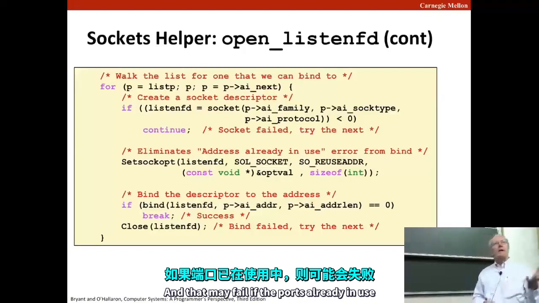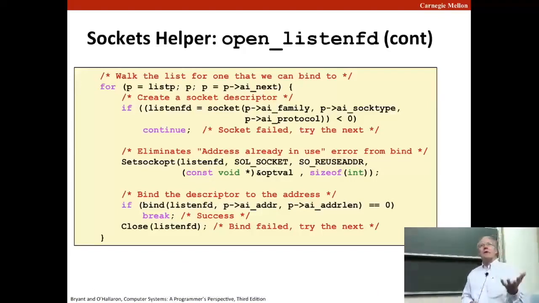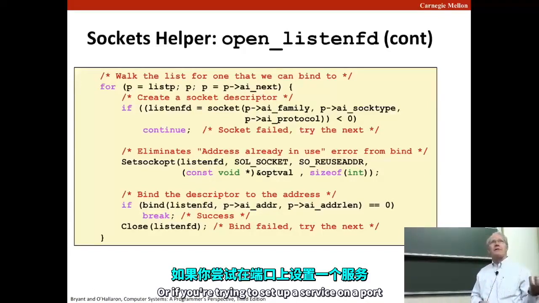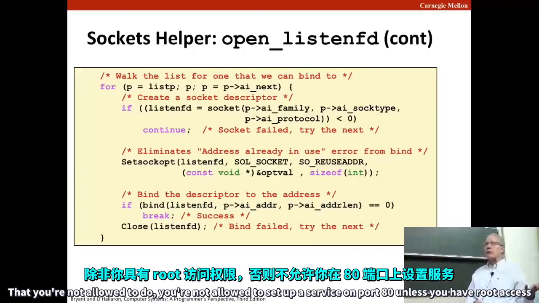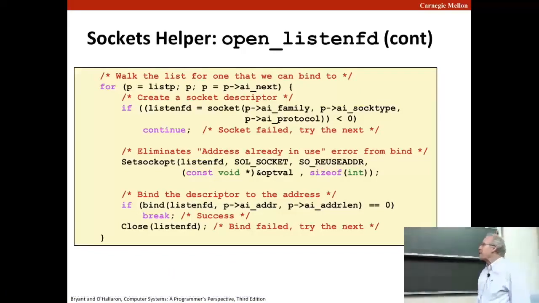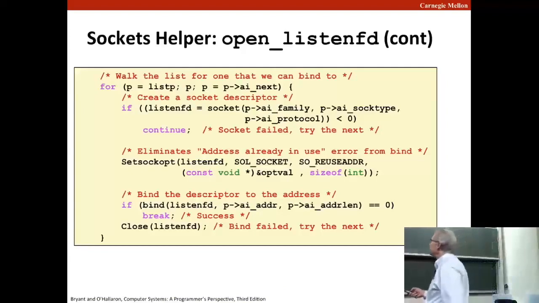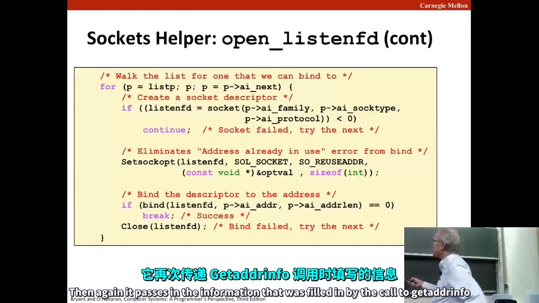And that may fail if the port's already in use, or if you're trying to set up a service on a port that you're not allowed to, like you're not allowed to set up a service on port 80 unless you have root access. And again, it passes in the information that was filled in by the call to getaddrinfo.